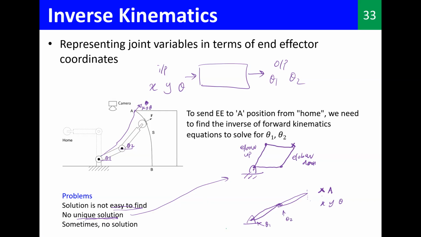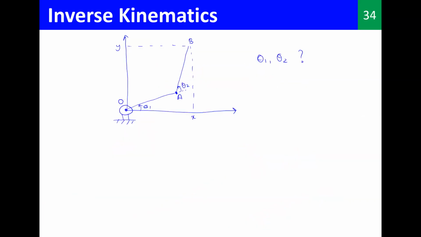The obvious problem is the first one. It is not really easy to find. And let's go back to this previous one. Then you can also understand it, right? Now I'm asking the question: given x, y, and theta, I want you to find theta 1 and theta 2. Can you take like 5 minutes to actually do this?